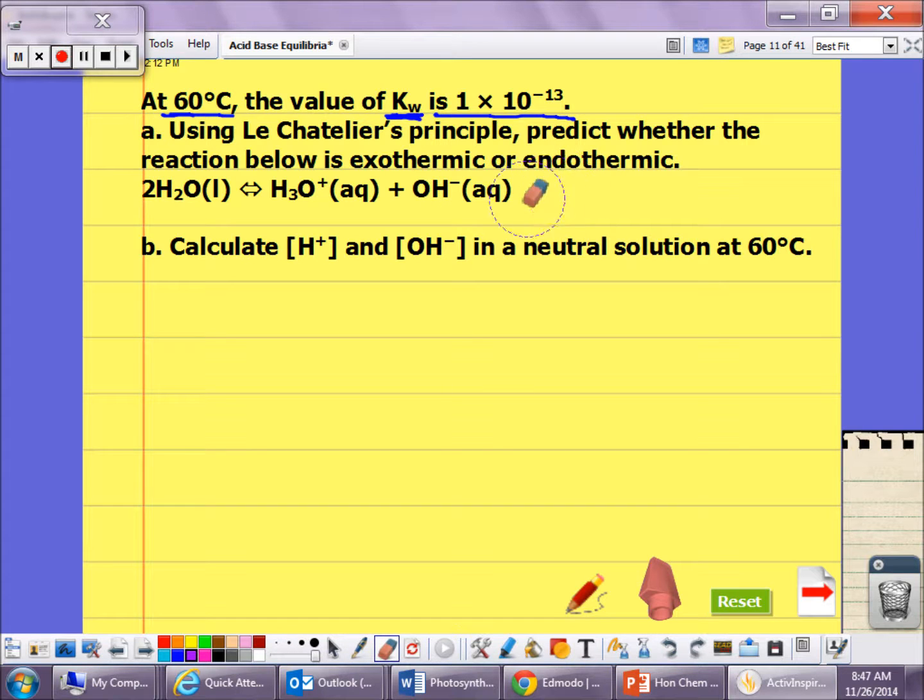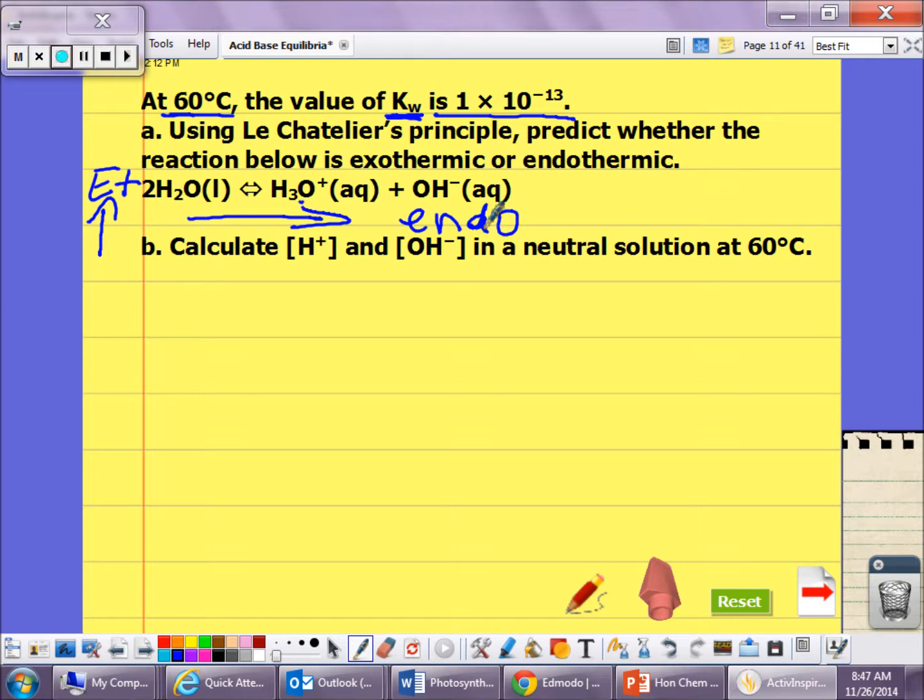Because if heat is on this side and I increase heat, it will shift the equilibrium to the right, making my KW greater than 10 to the negative 14. Therefore, it is endothermic.